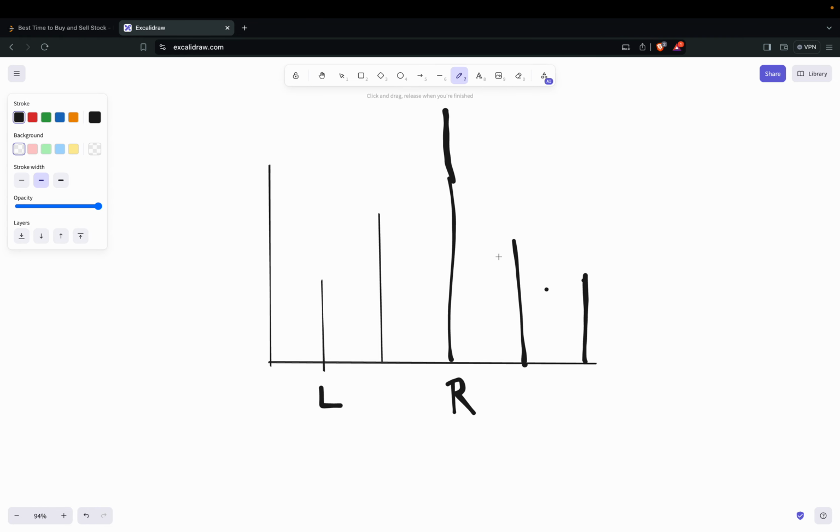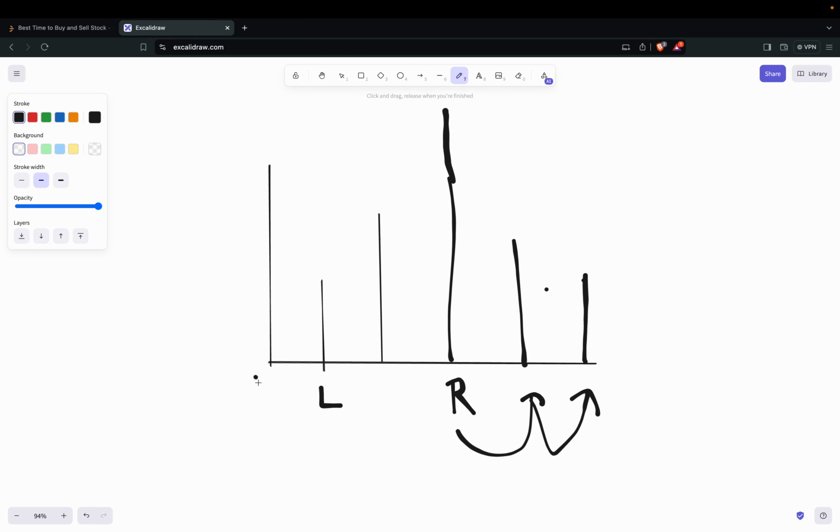Then we are going to go to the next day and still compare whether L is less than R or not. Okay, so our R would go here and then here. Basically you need to understand that if our L is less than R, then we are considering that the right is greater, meaning they would be making a profit.